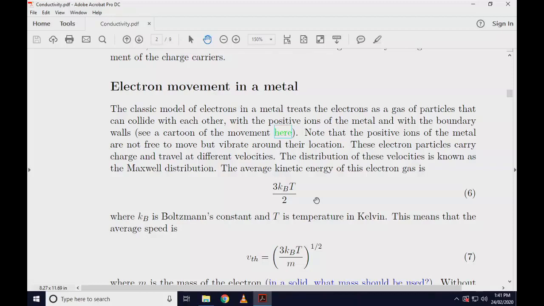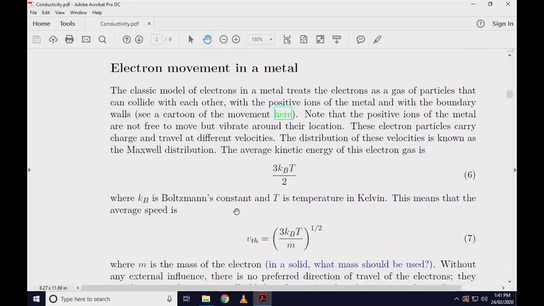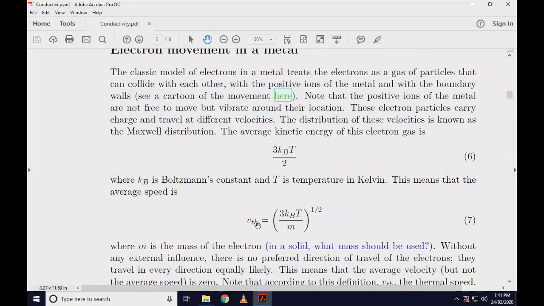It's the same as your gas in a container. You heat the gas up, they move faster in the container. This is the similarity with the gas, yeah? So this average kinetic energy is the same law that you would use for a gas. So the average or thermal velocity of these electrons is given by this term here.